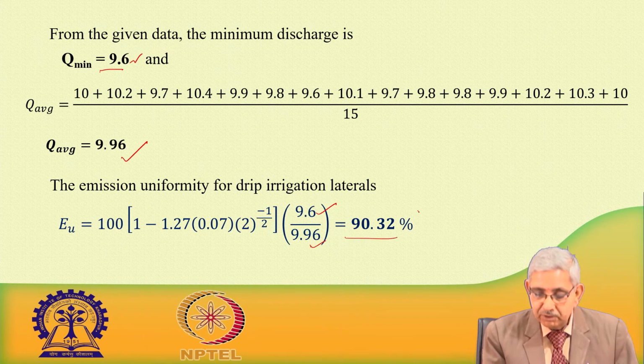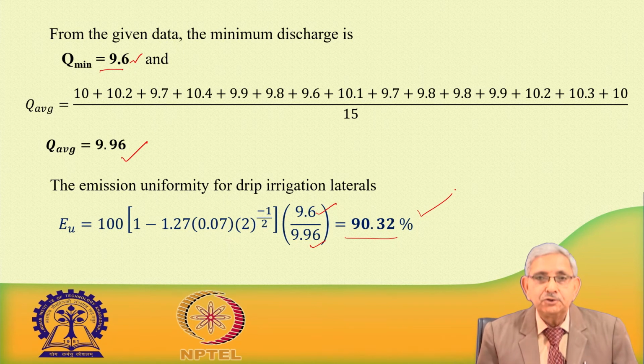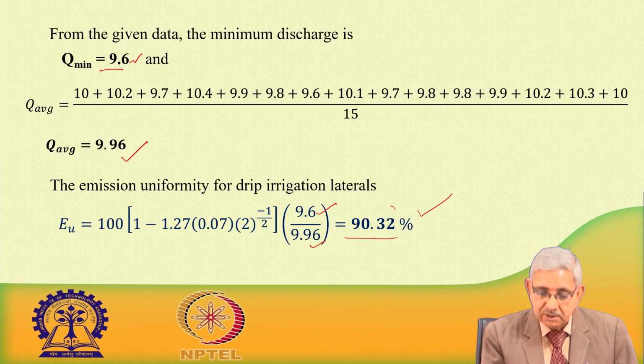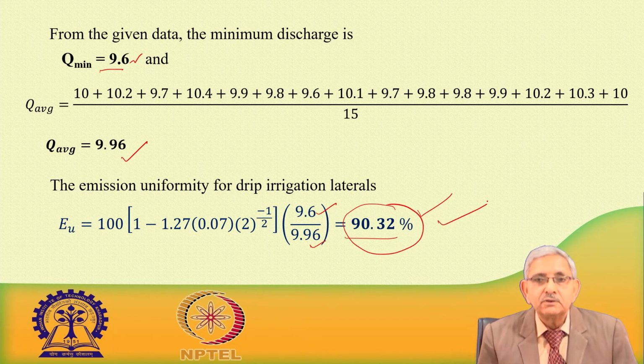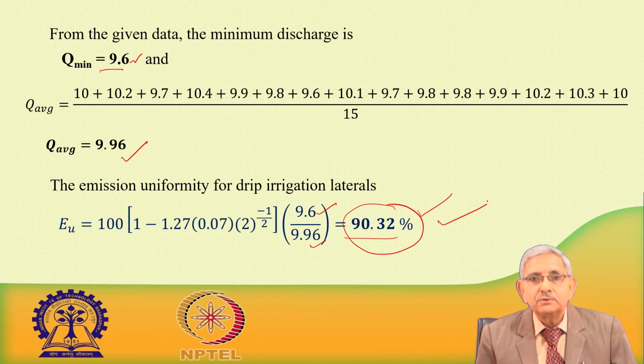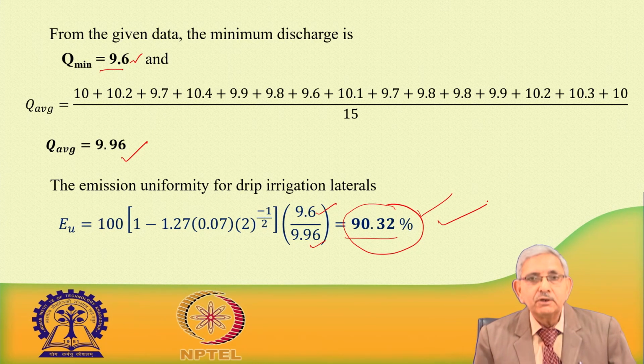So, emission uniformity is 90.32%. This is an acceptable value when we are taking these observations from the field. So, this can be accepted, and this is the result of this particular question.